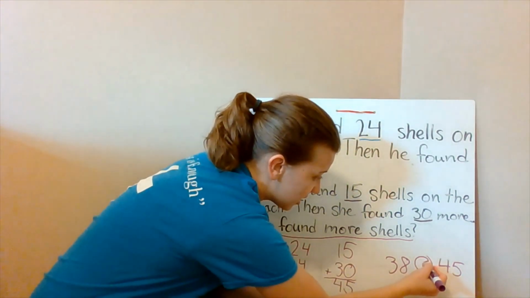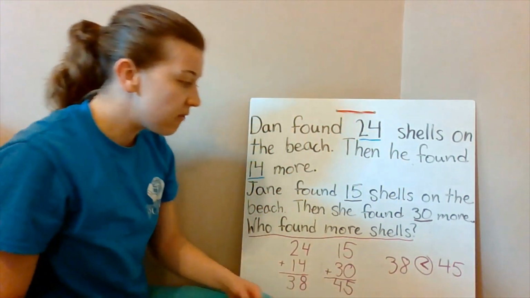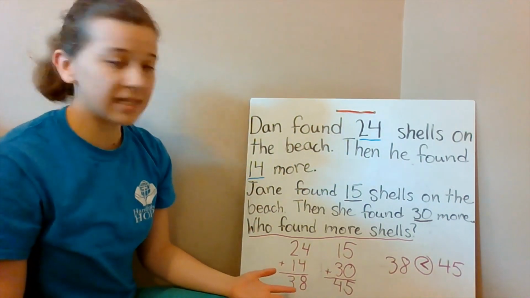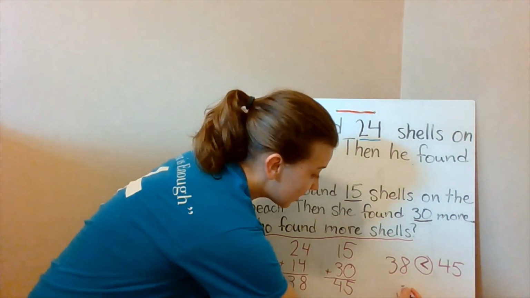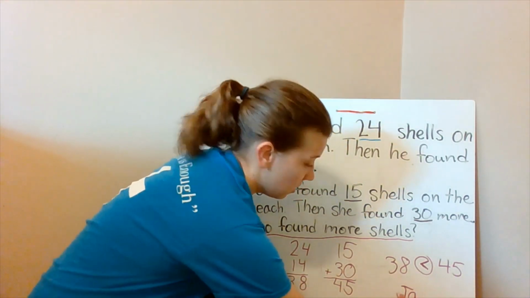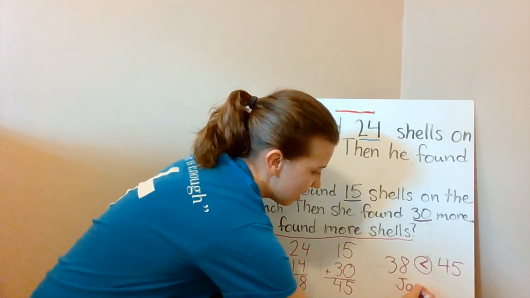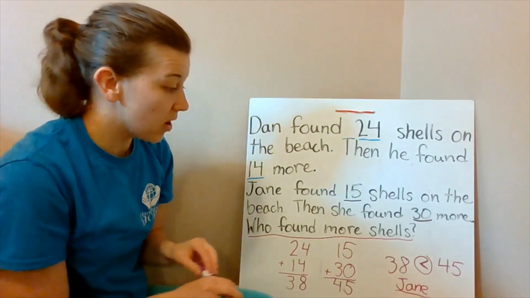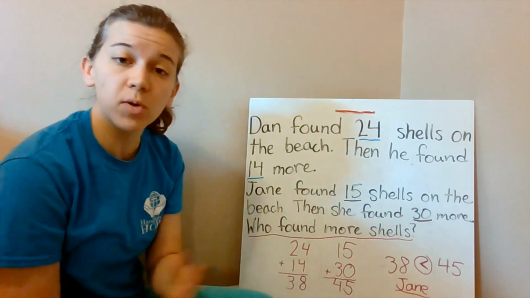Because 45 is greater than 38, so 38 is less than 45. Okay, so then who found more shells? Was it Dan or Jane? Jane, good. So Jane, oh, might not be able to see that. Let me put it a little bit higher. So Jane found more shells.